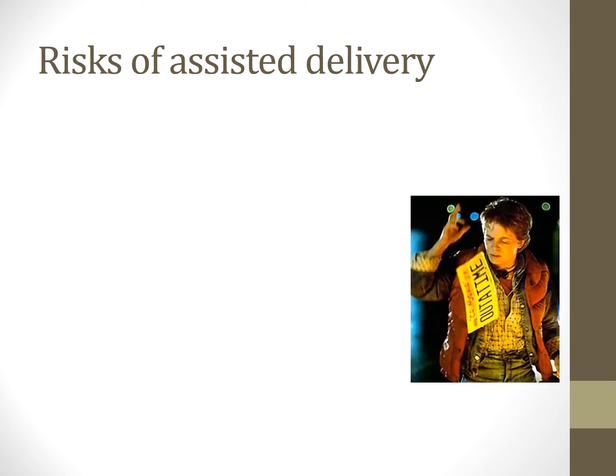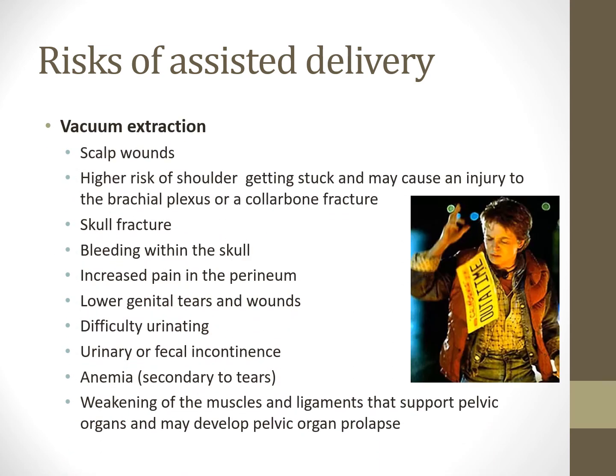All right, when we're looking at vacuum extraction, and I think some of those videos were vacuum deliveries, obviously a scalp wound, we put this little thing on their scalp, pump it up, and then mom pushes, and as she pushes with the contraction, they're going to pull this little thing. So it doesn't actually put a lot of pressure on the head, it just helps move the baby more efficiently through the birth canal. So the issue here that you might have is a shoulder getting stuck.